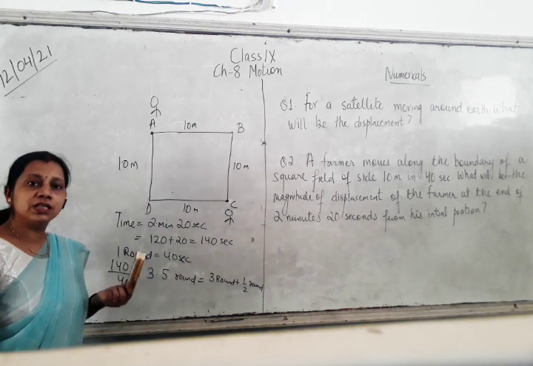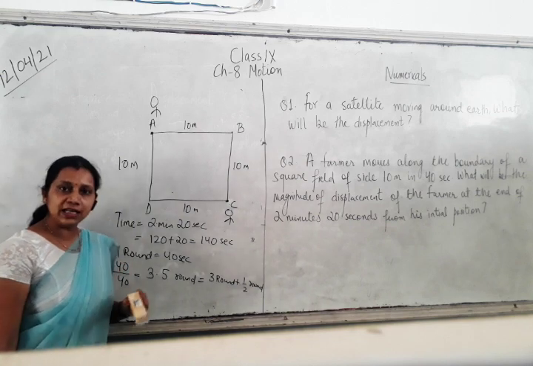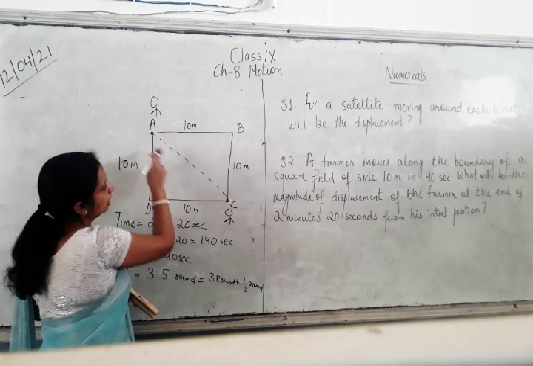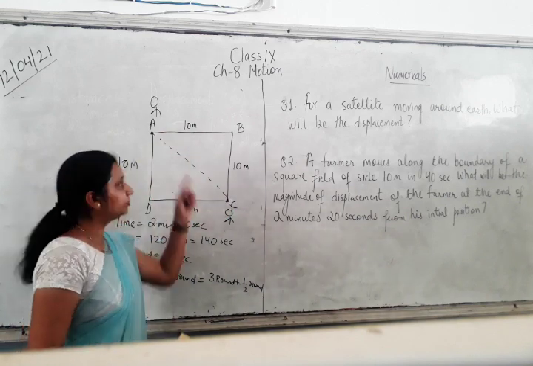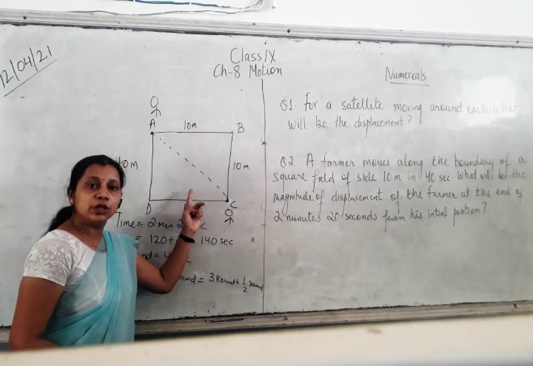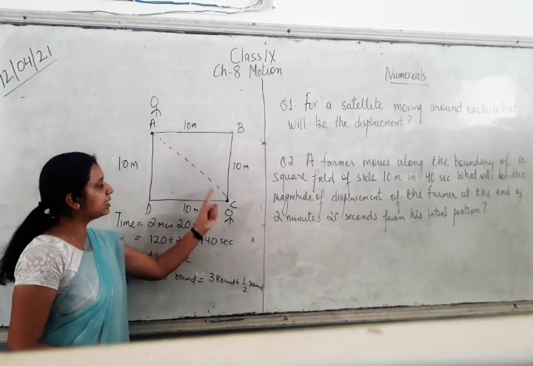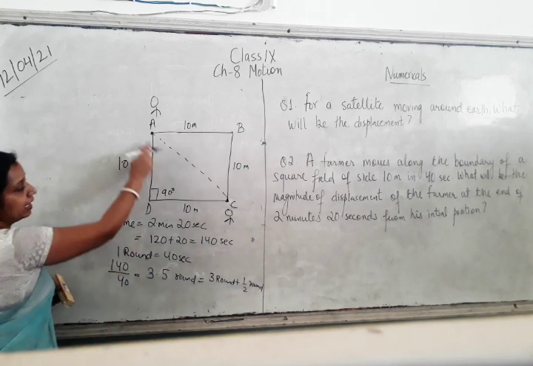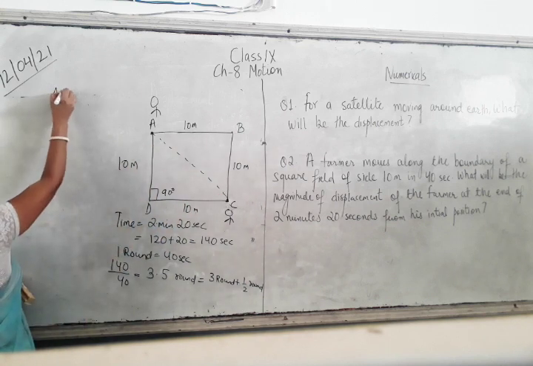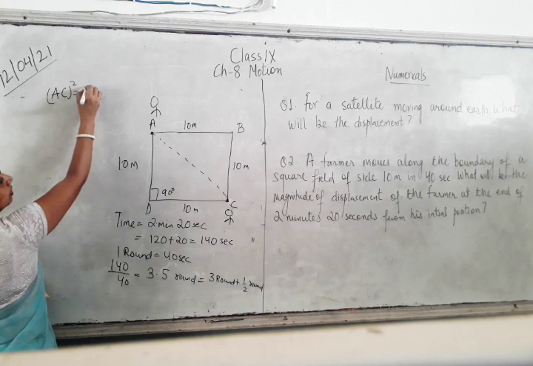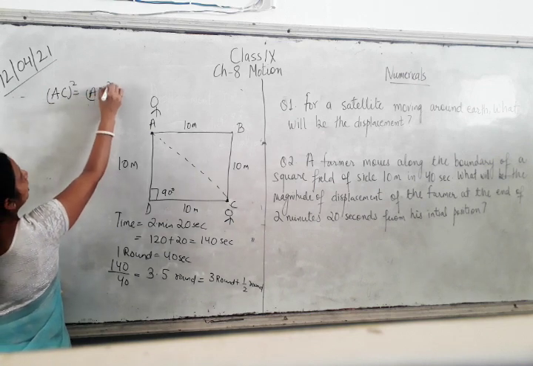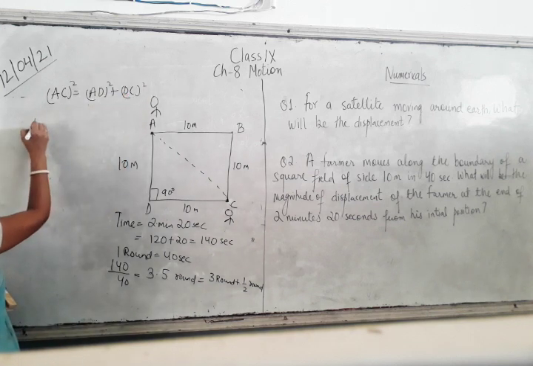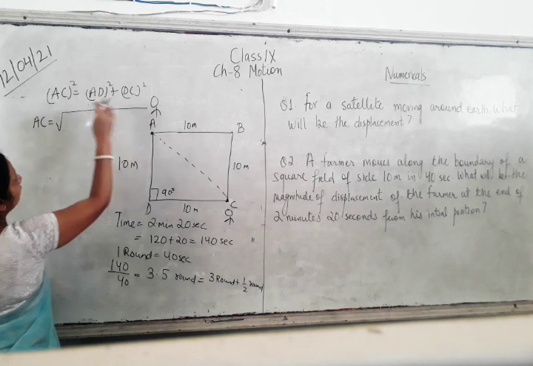Now you have to simply find displacement. So draw a straight line between the initial and final position. This is a straight line, and if you see, this is your square field, this is the diagonal. So you can use the Pythagoras theorem to find this diagonal, because each angle here is 90 degrees. To find the length of AC, AC square equals AD square plus BC square, so AC is under root of this.